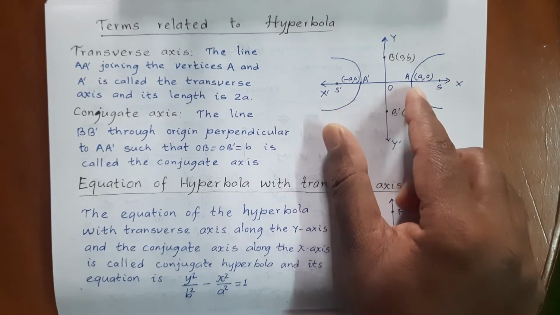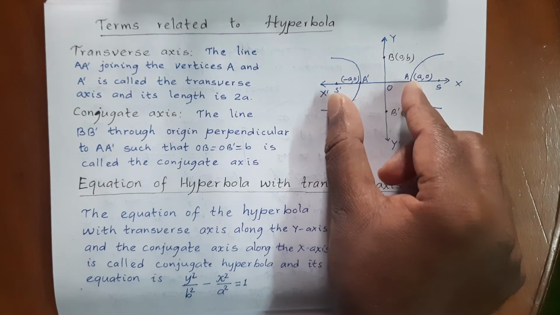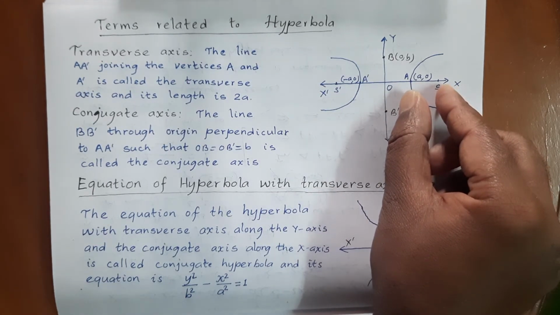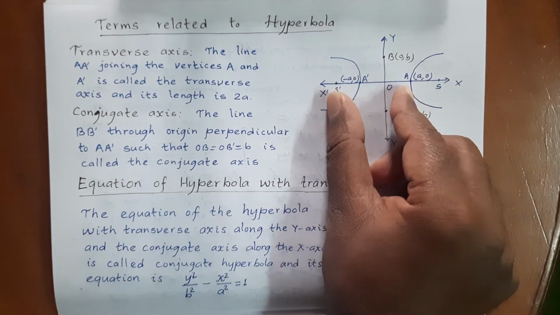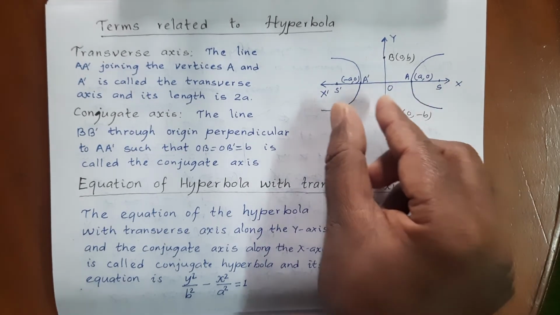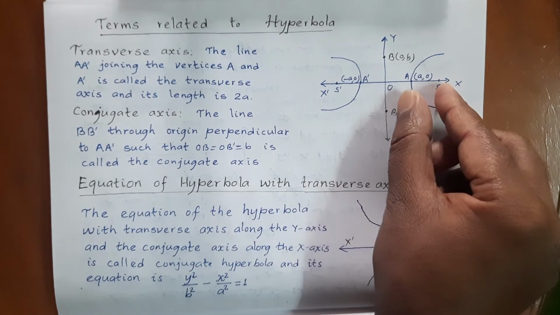Now the distance of this point from S' minus the distance from S will be constant. That constant we have supposed to be 2a. So AS' minus AS will be equal to AA', because A'S' and AS are equal.